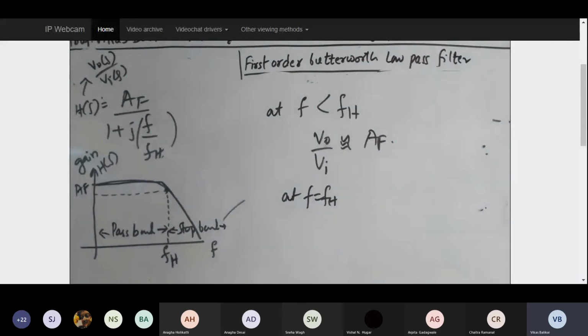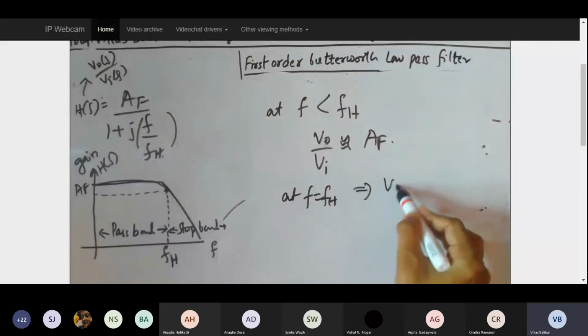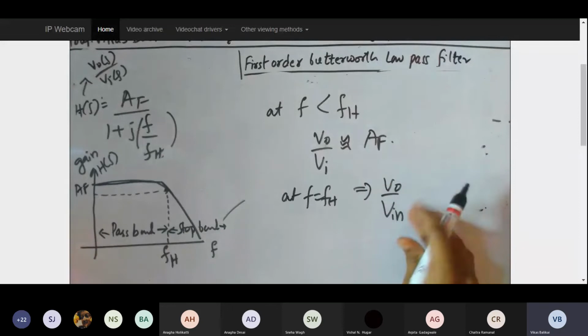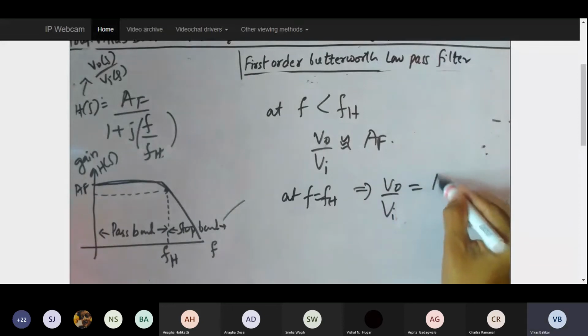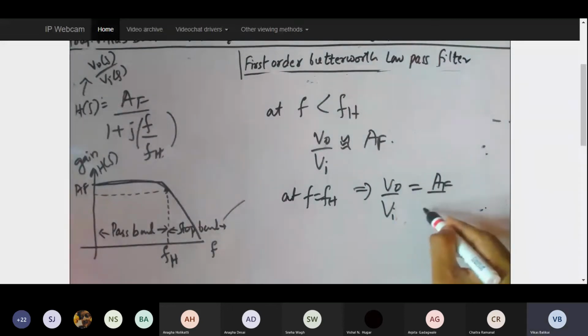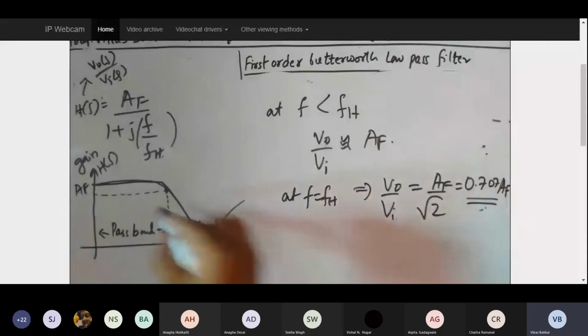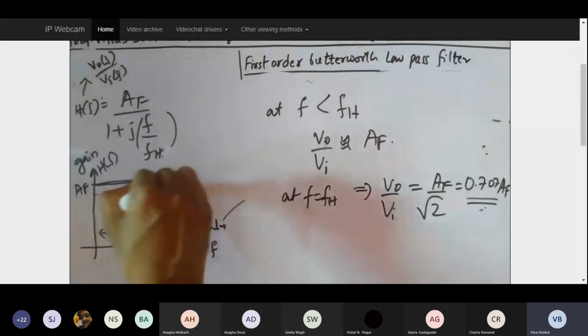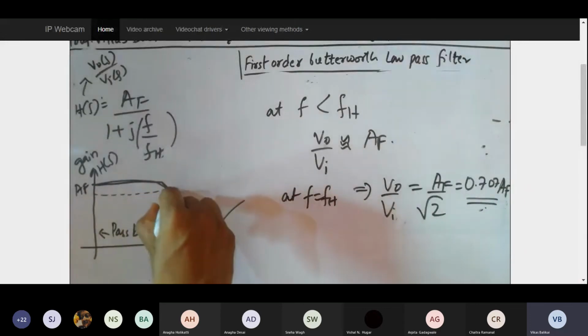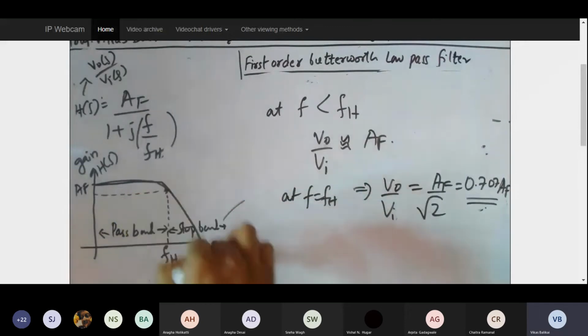If I plot my equation in the graph, at F equal to FH, my output by input voltage gain will be AF divided by root 2, that is, 0.707 times AF. So this particular value decreases. So the gain is at its maximum A up to here, and exactly at F equal to FH or F greater than FH, it becomes less than this.